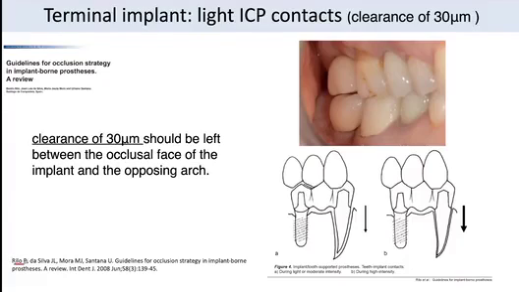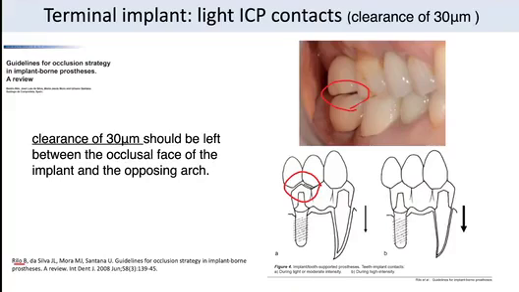For Widmer, for example, they say, oh, we have to make a clearance between light ICP and strong ICP. What happens if you do something like this? And here it is not 30 microns.